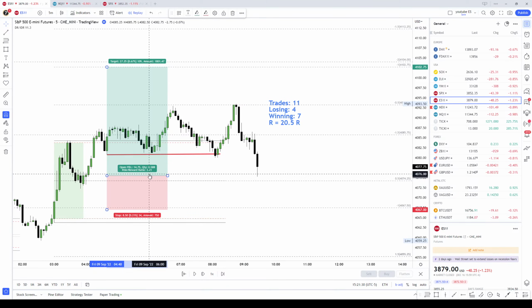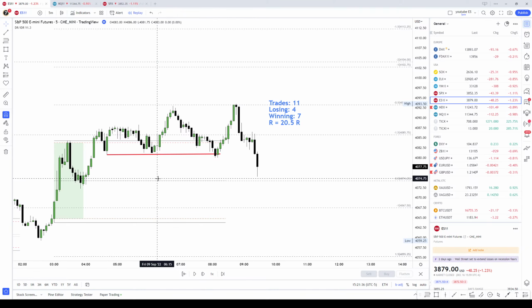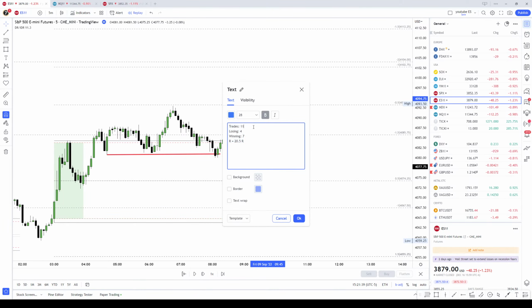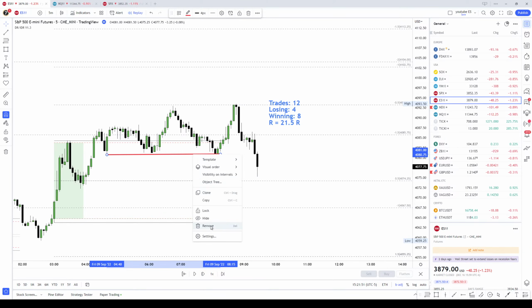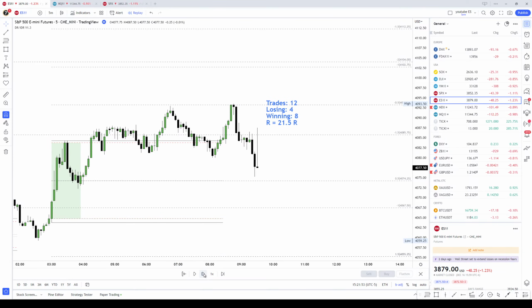So I would still consider this valid, and we are also outside the session. So that would be 1 hour plus, and the rest would be stopped out on break even. 21.5. So let's see how this plays out. I would bet that we will go higher, but maybe I'm wrong.